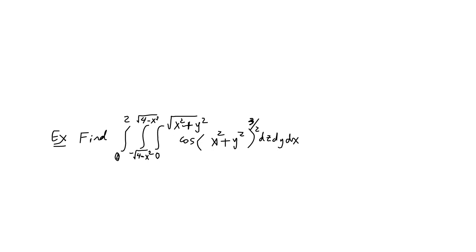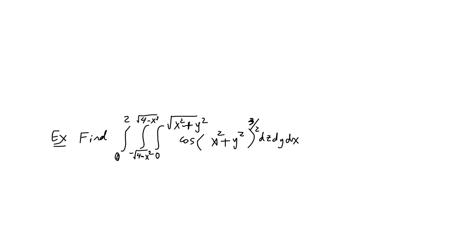Okay, we want to integrate this. Maybe they will not tell you to use cylindrical coordinates, but you have to know that you're dealing with polar coordinates. How? There are many indications in this integral. Like x squared plus y squared inside the cosine; this is the representation of r squared.